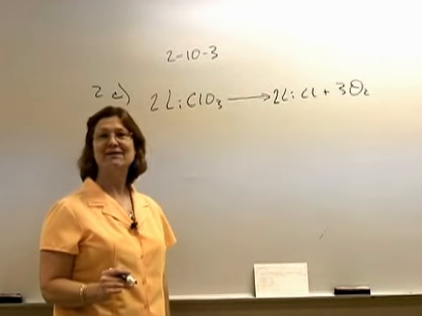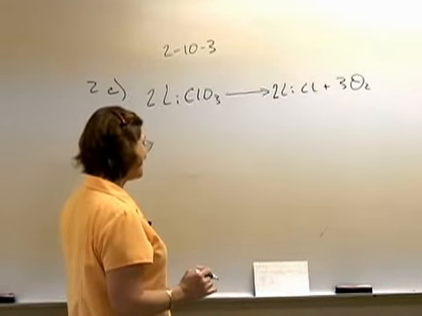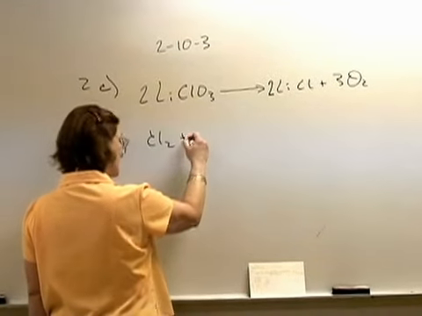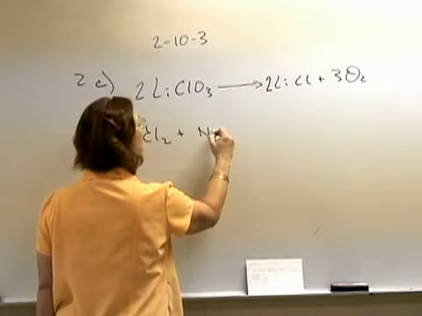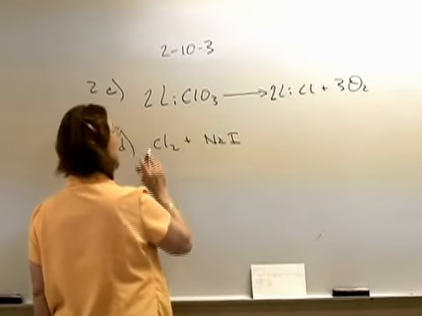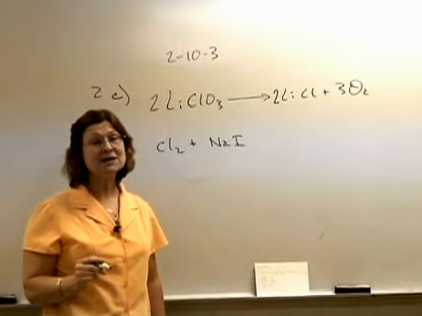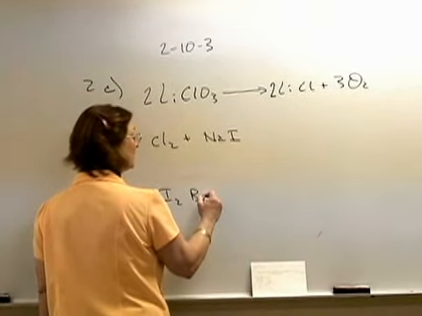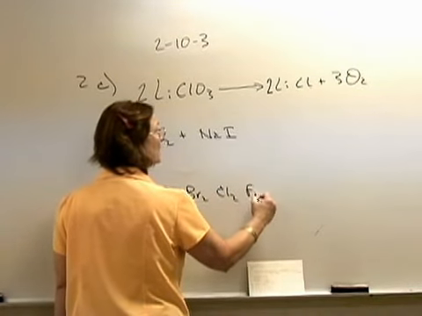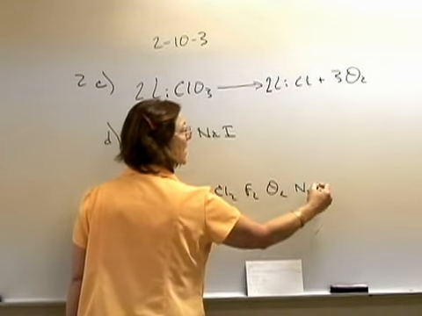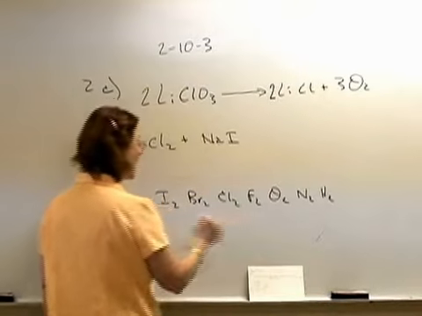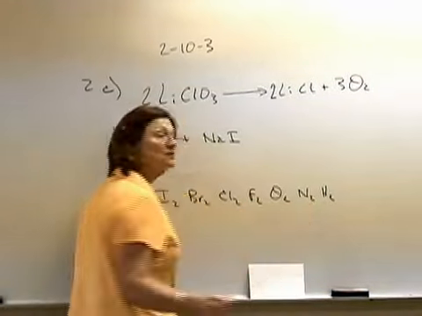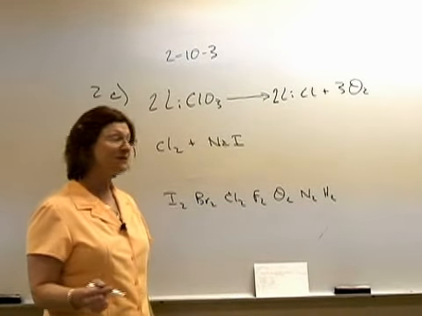I like this one because of this 2-2-3 ratio. It's very, very nice. Now the next one is chlorine plus sodium iodide. I must remember my diatomic molecules: iodine, bromine, chlorine, fluorine, oxygen, nitrogen, and hydrogen. I brought clay for our new house. That's a very good way of remembering those.